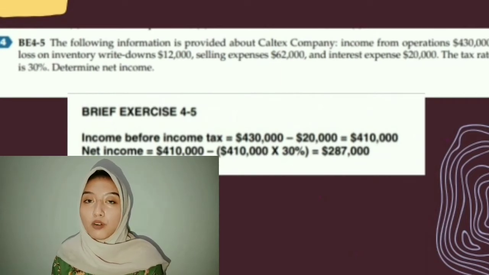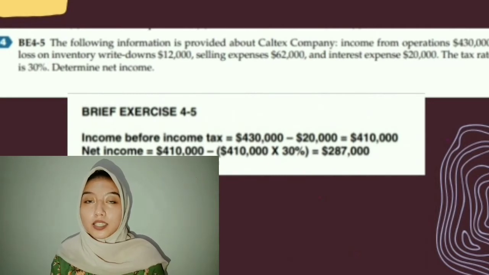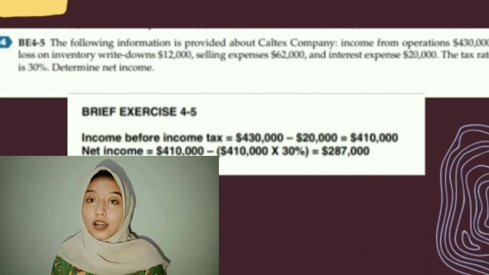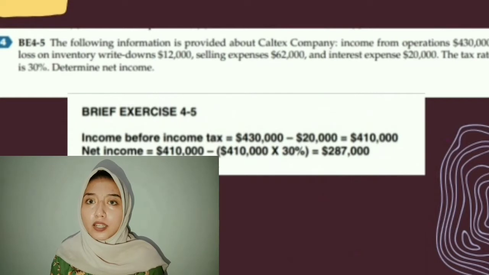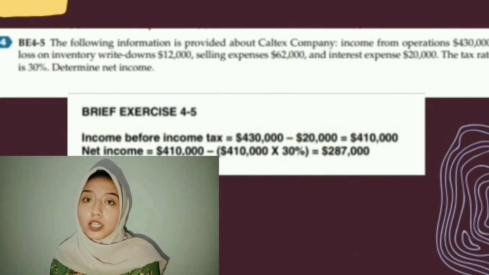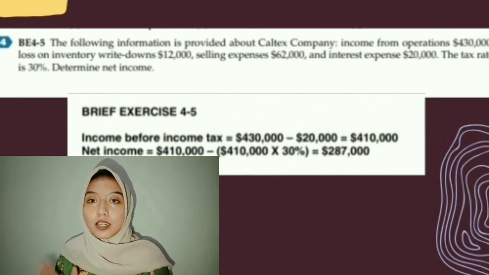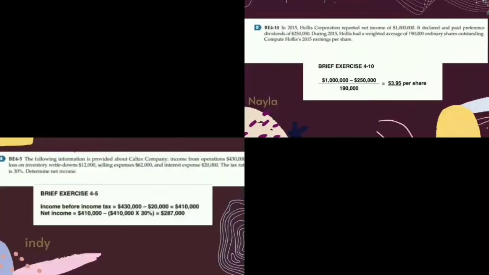Income from operations of 430,000 rupiah, less interest expense of 20,000 rupiah, is 410,000 rupiah. After that, we find the net income, which is $410,000 minus $410,000 times the tax rate of 30%, and the result is $287,000.